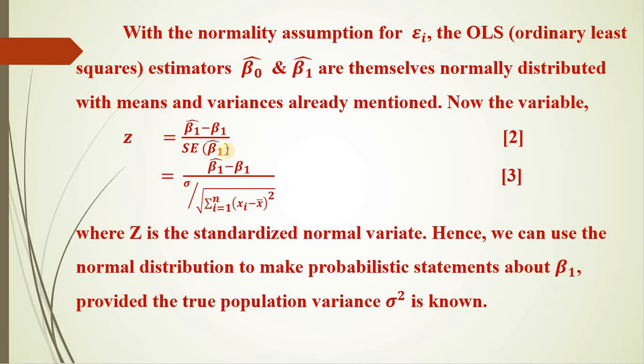And if we put the values for standard error of beta 1 cap, then we get the statistic like this. So here Z is a standardized normal variate, hence we can use the normal distribution to make probabilistic statements about beta 1, provided the true population variance sigma square is known. If the value of sigma square is known, then our statistic will be like this.